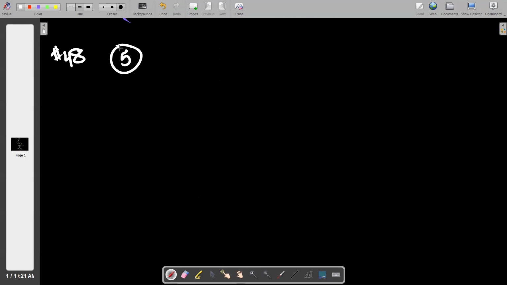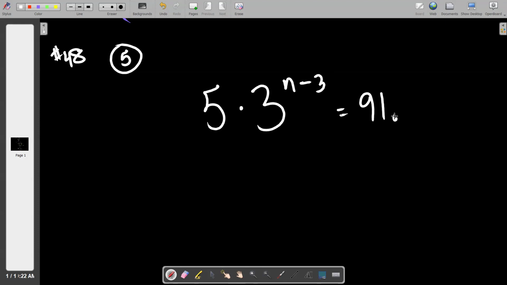If we divide by 5, I'm not seeing it. So I assume you divided by 5, right? Are you on problem 5 of assignment number 48? I wrote the wrong number 5 down. Dope. I looked at the 5 on this one instead of this one.